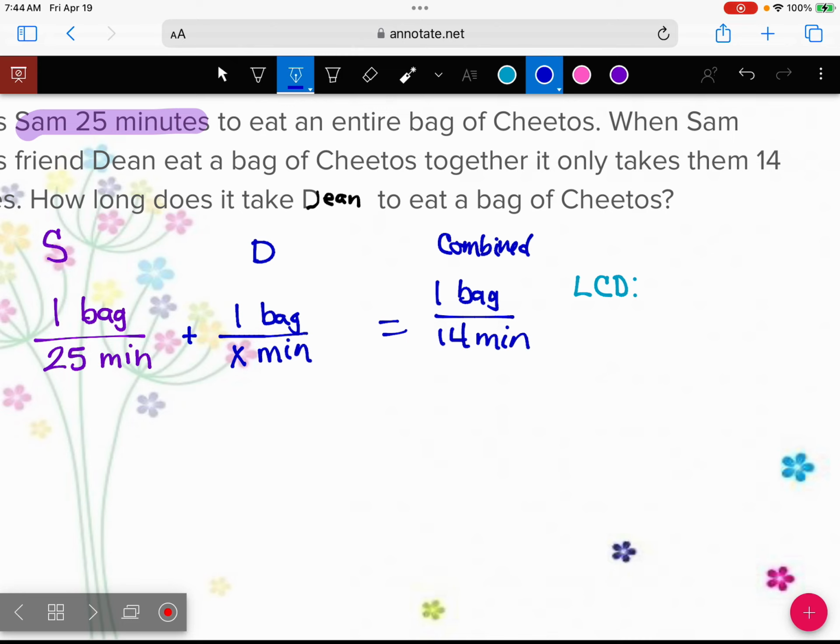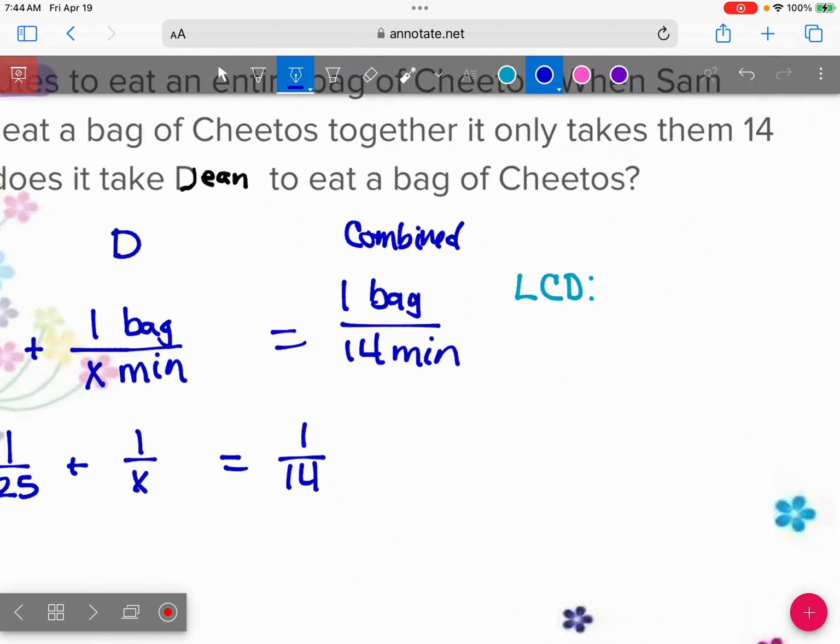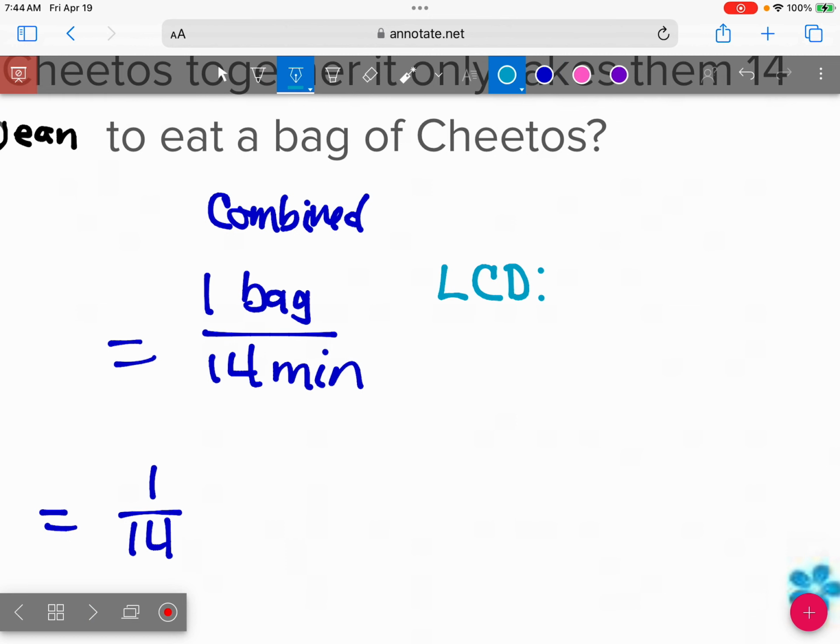Let me write it without our words in there. So we're going to have 1 over 25 plus 1 over x equals 1 over 14. What pieces do we have in our denominators? 25, 14, and x.